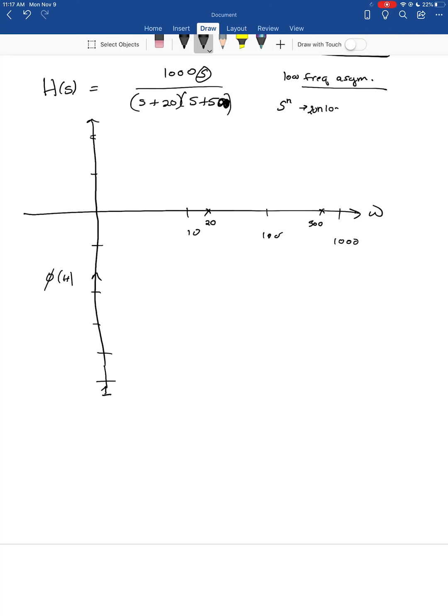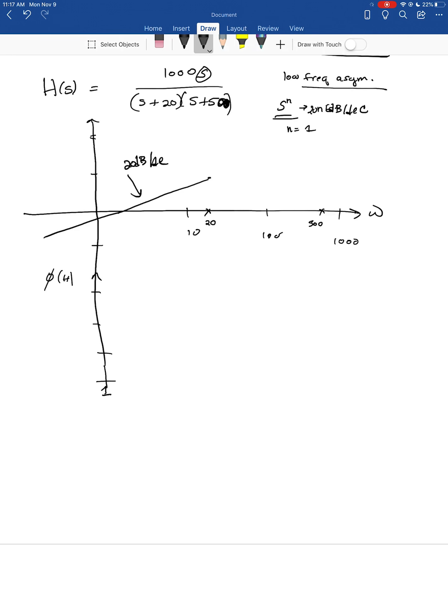As we know, if we have a term like s to the n, that corresponds to a slope of 20n dB per decade. So in our case, n is equal to 1. So our low frequency asymptote, kind of trying to sketch my plot here, is going to have a positive slope of 20 dB per decade.